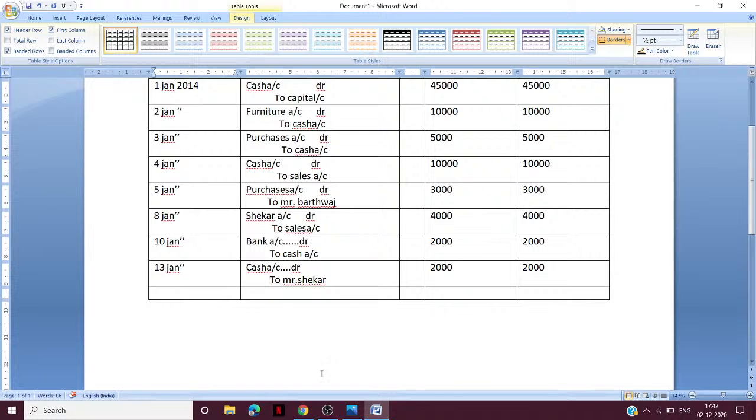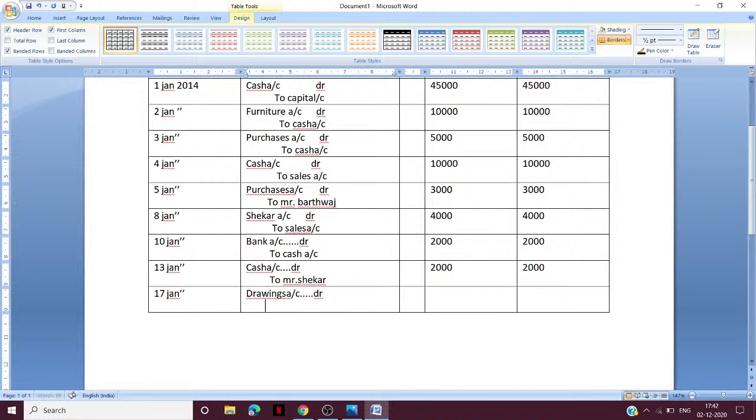So the transaction will be on 17th Jan 2014. So drawings account debit to cash account.